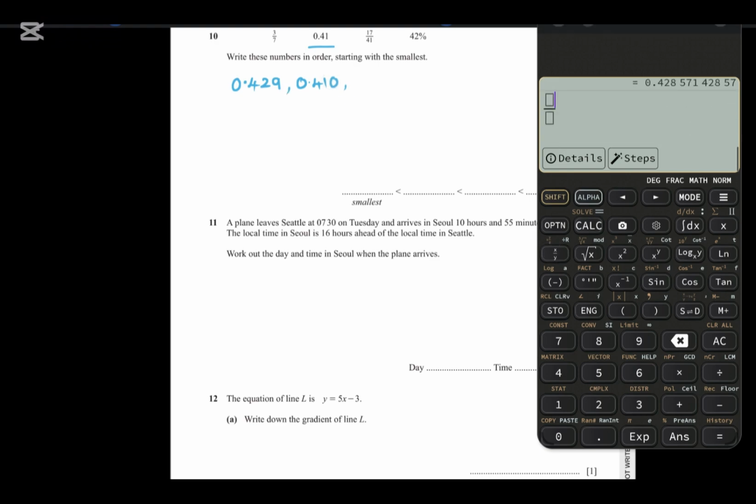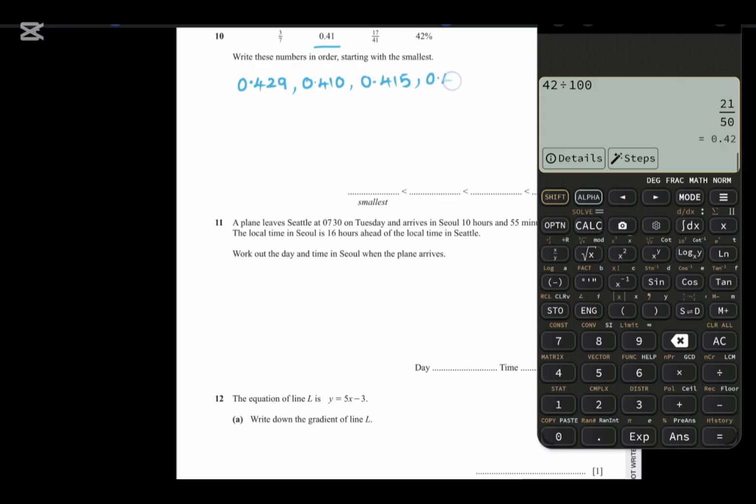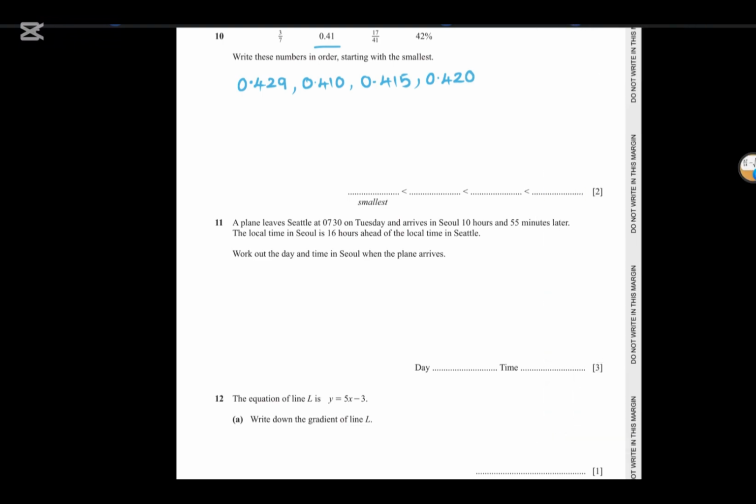Find out 17 by 41, 0.4146. So it can be written as 0.415. Then next is 42%. What is 42%? You should divide by 100. So it will be 0.42. Put one more 0 to make it a like decimal. Now we have all 3 decimal places.